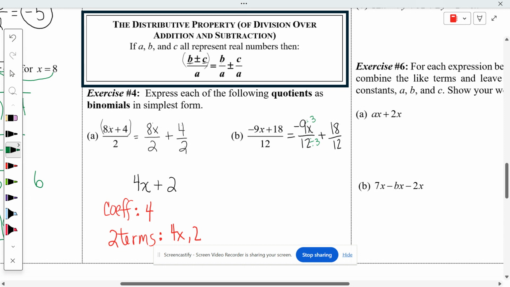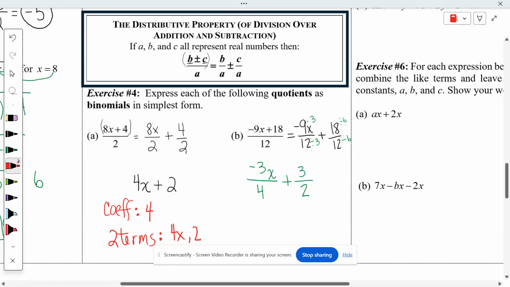And 18 and 12 are both divisible by 6. So 3 goes into negative 9, negative 3 times. 3 goes into 12 4 times, and you can't forget about your x. Plus, let's see, 18 divided by 6 is 3, and 12 divided by 6 is 2.